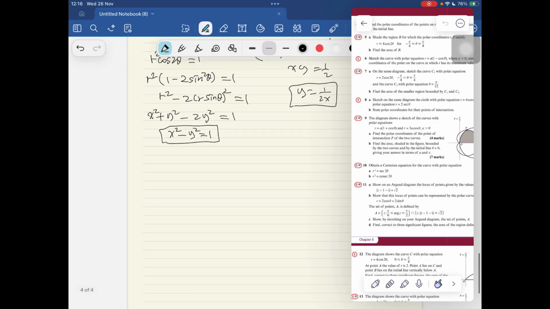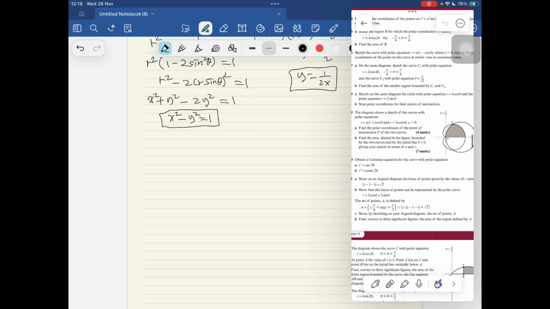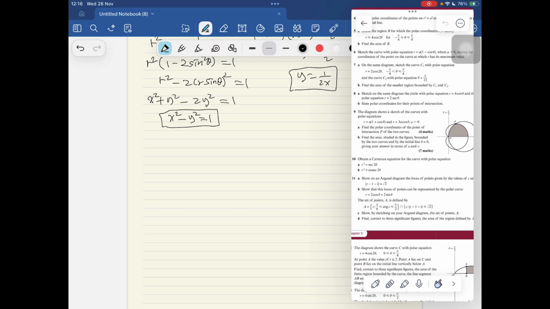Number 11. Showing on an Argand diagram the locus. So this is the distance between z and 1 plus i. The distance is square root 2. So here 1, 1, and the distance is square root 2.